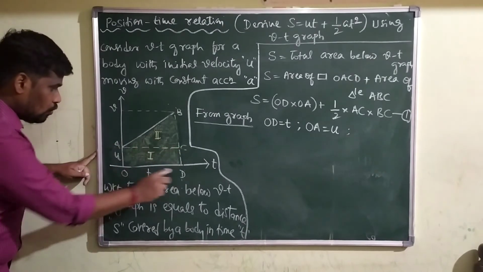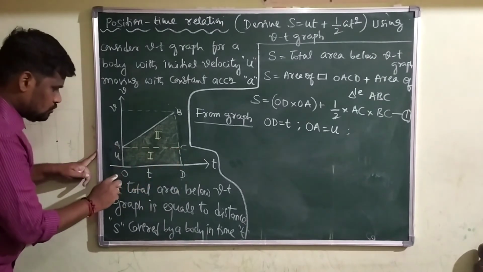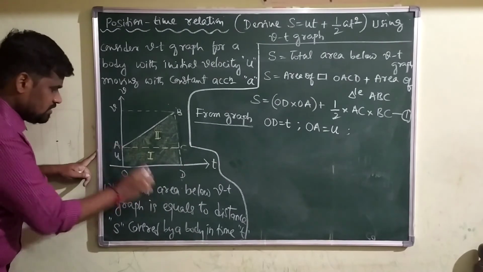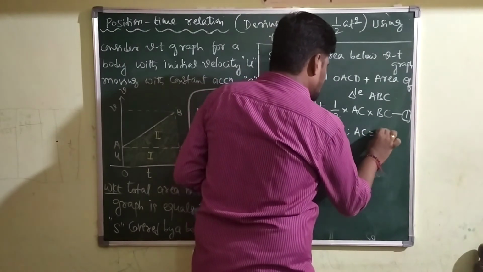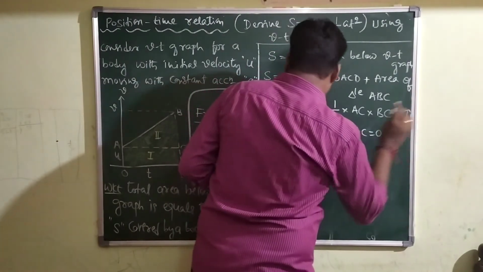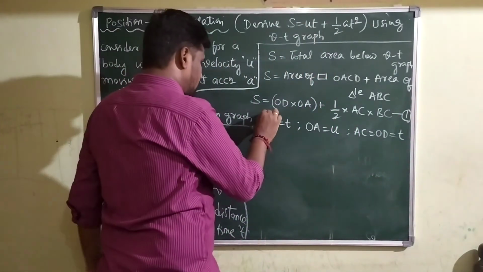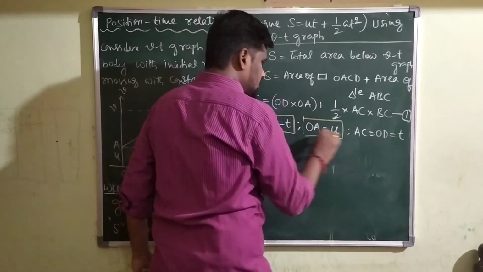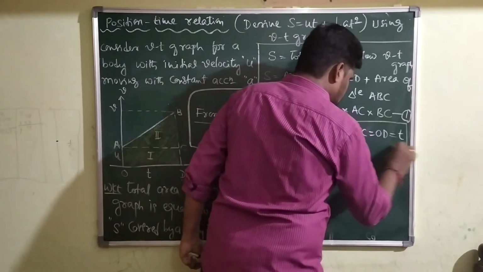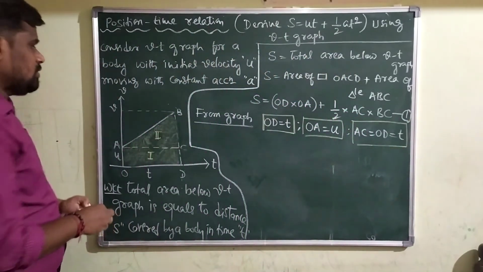AC equals OD, which is equal to T. These are the values from the graph. Last comes BC.